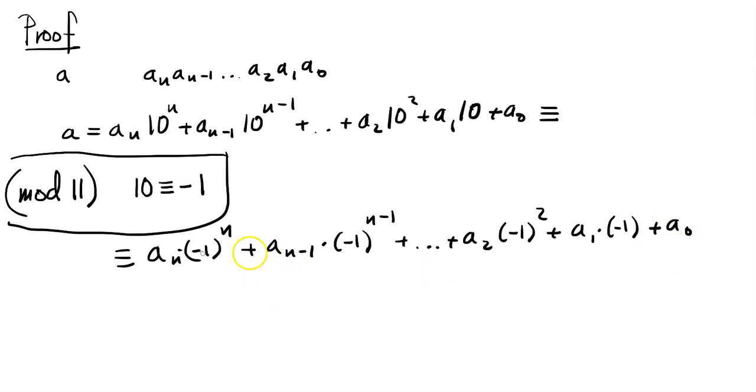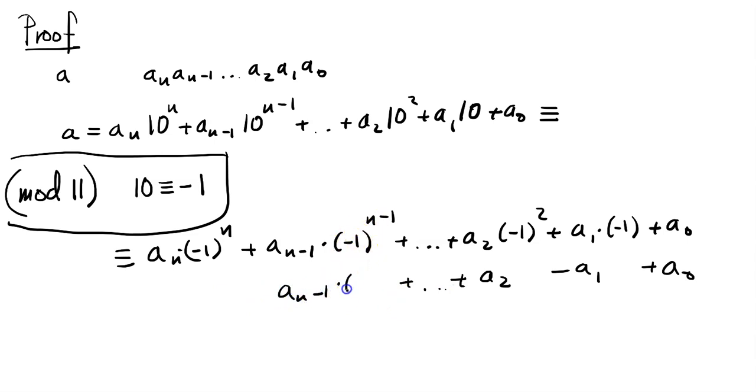But if we now look at what's standing here, this is the alternating sum, because here we see first the smallest digit, a0, then the next one is minus a1, this is plus a2, and so on.